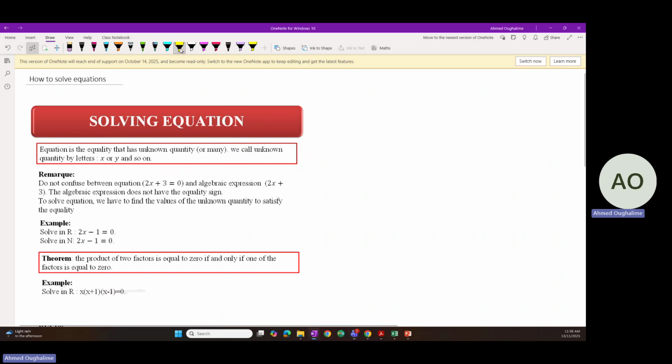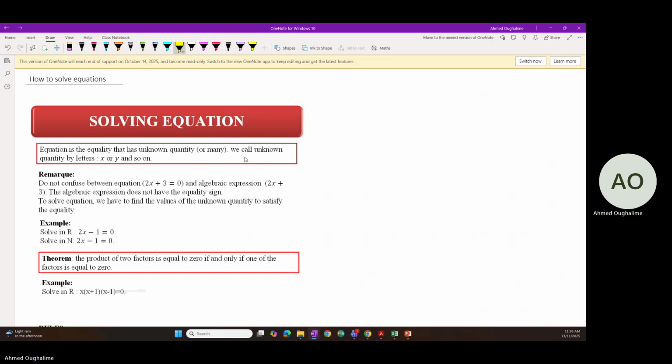So the first thing to pay attention to is what is an equation. The equation is the equality that has unknown quantities in some two sides.